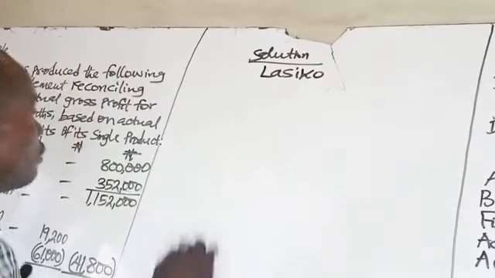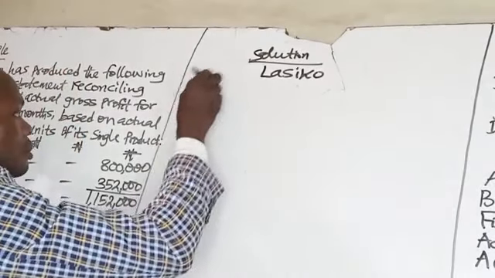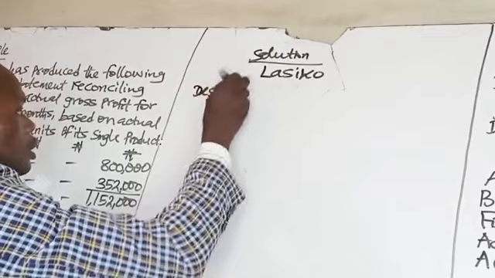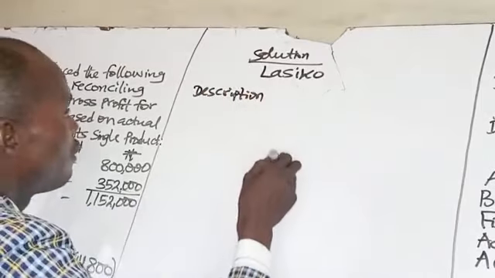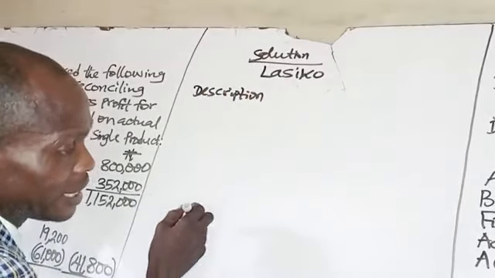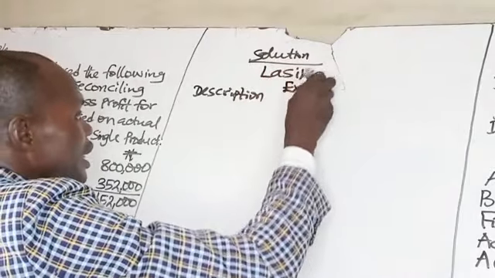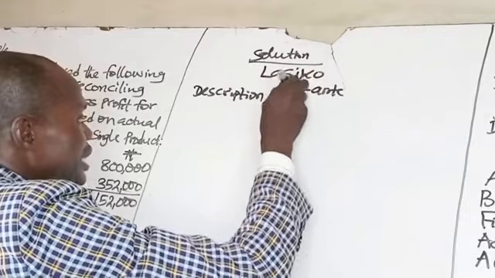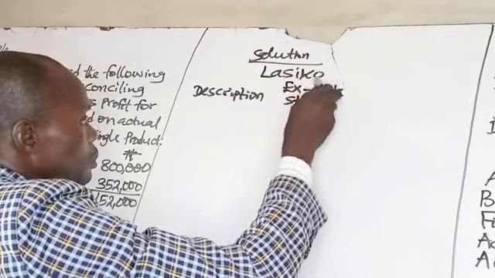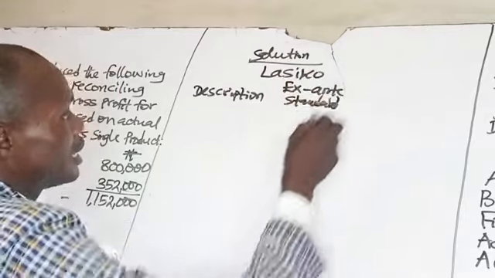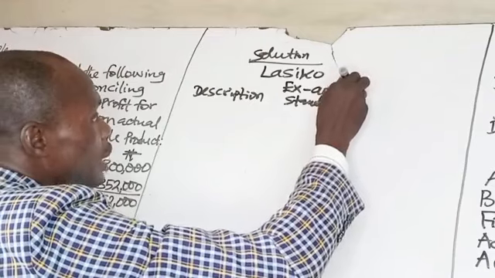So we have the description. We have the ex post standard, X and T. Then we have actual.